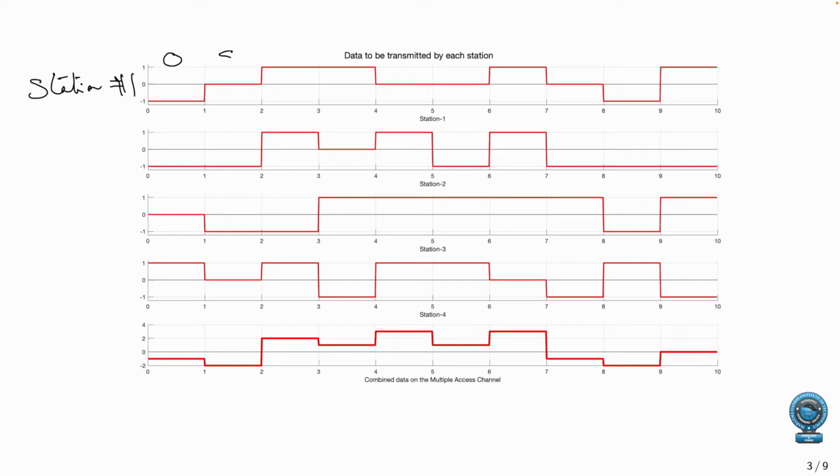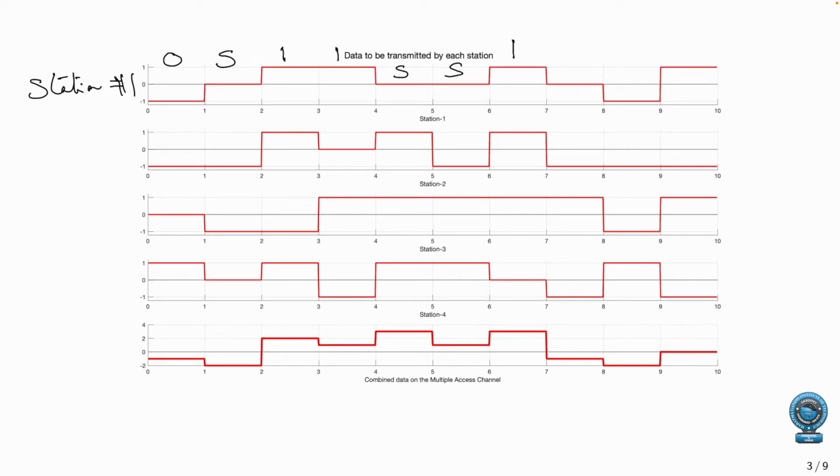Let's represent it by S. Similarly, between 2 and 3 seconds, he is sending a waveform of +1 amplitude. So he has data 1 to be sent, and likewise he has 1 to send here, and here he's silent, he has nothing to send.